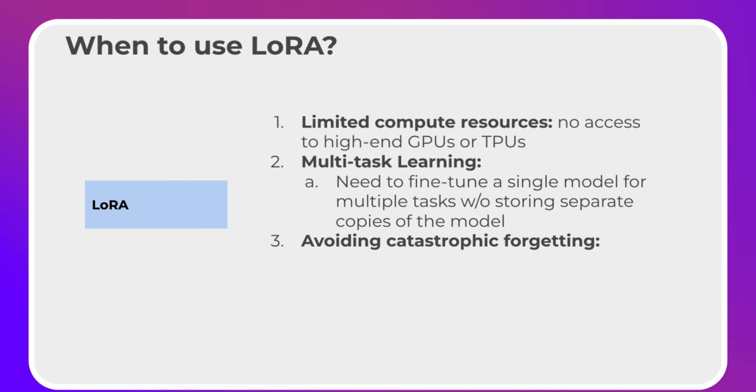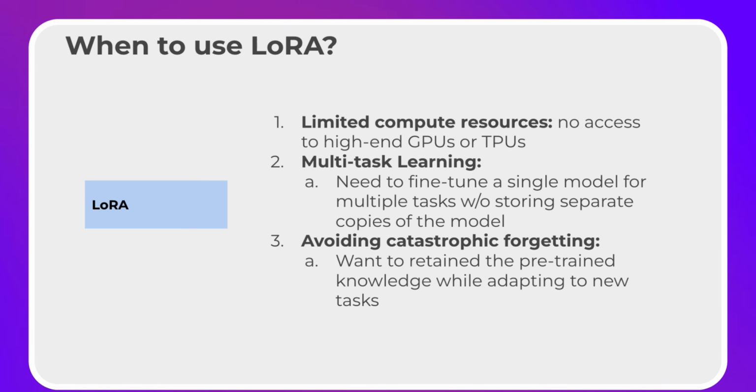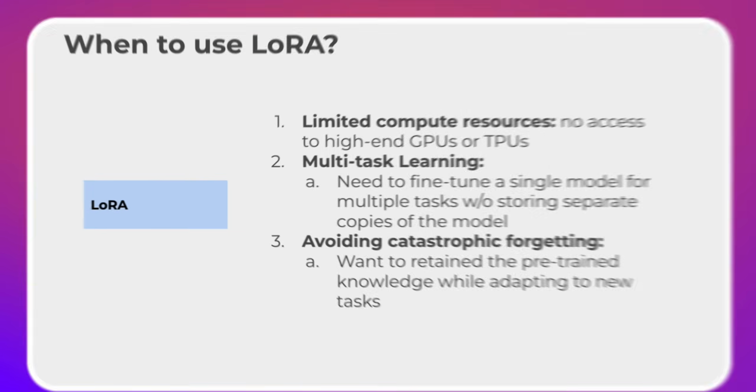Also, if we want to avoid catastrophic forgetting, what does that mean? We want to be able to retain the pre-trained knowledge while we're also adapting to new tasks. Catastrophic forgetting is a huge deal because we don't want the knowledge base that the model was trained on to be messed with. If you want to avoid that, then LoRA is the best way to go.